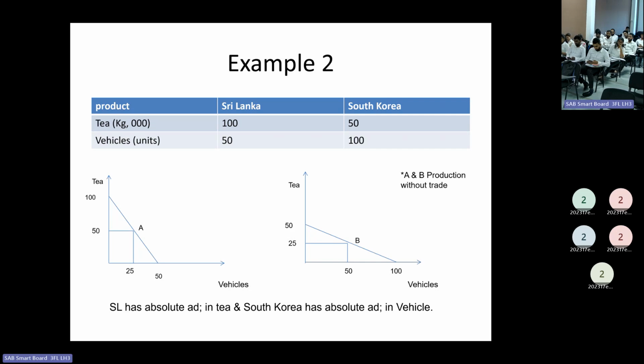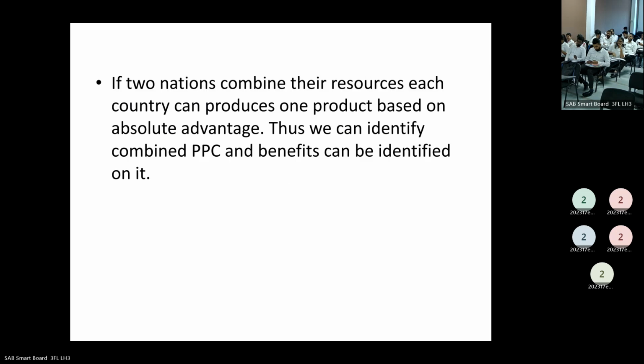So if you draw the joint production, now if we combine the two nations, we can draw one PPC based on that.